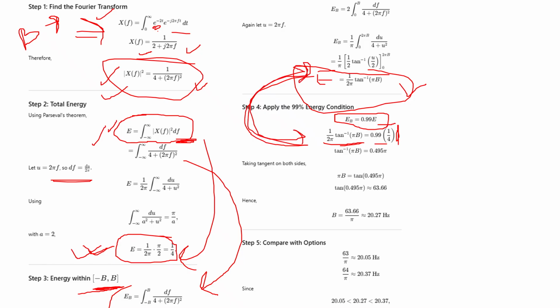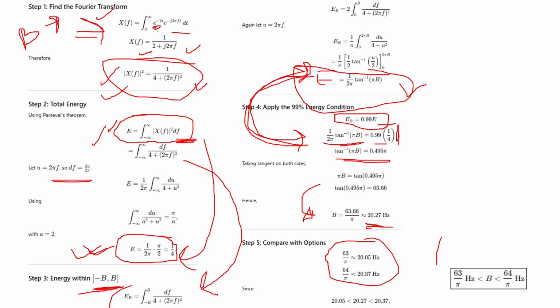Let's equate, and after solving you will get the value of B, like 20.27, which falls in this range. So as per your answer key, option B is correct, that is, B is between 63 by pi and 64 by pi.